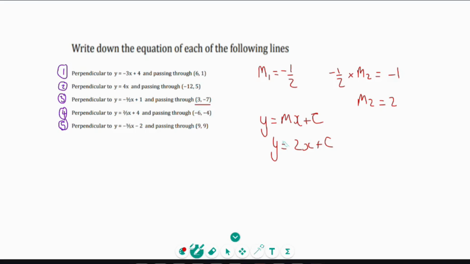Sub in our x and y value. Take 6 off both sides.